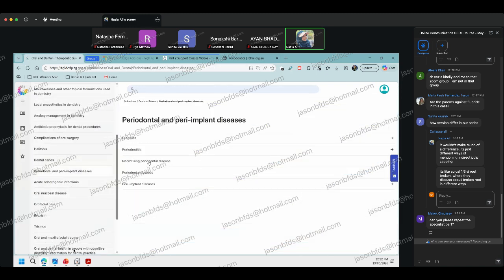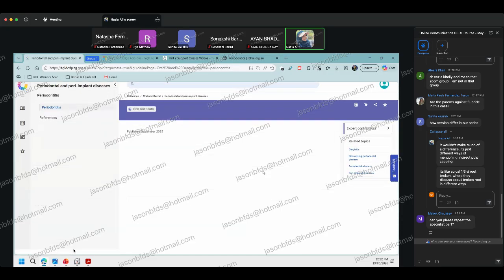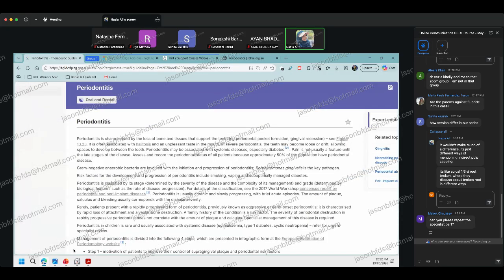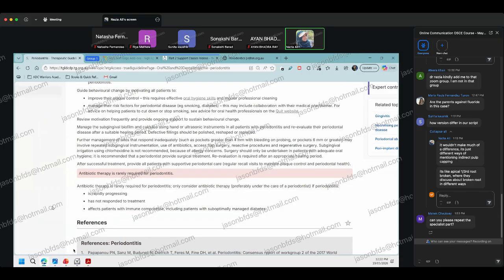If you're not in perio, we don't give them, but 1, where it's aggressive periodontitis cases, 2, where the patient is not responding. Look at this: antibiotic therapy is rarely required for periodontitis. Only consider therapy under the care of a periodontist if periodontitis is rapidly progressing, has not responded, or affects patients with immunocompromise, including patients with suboptimally managed diabetes.